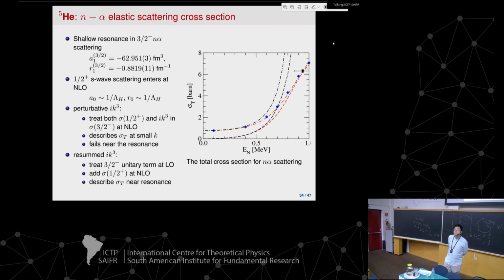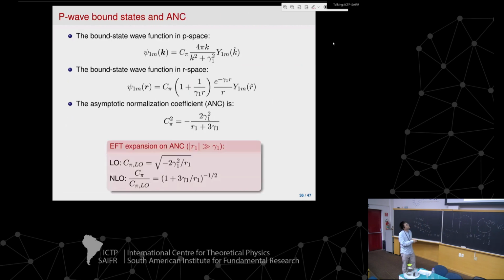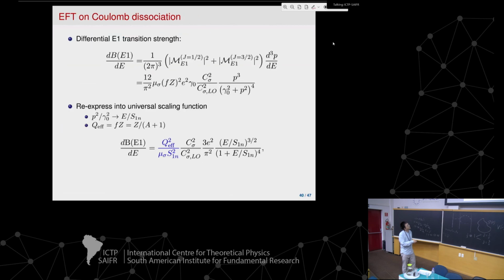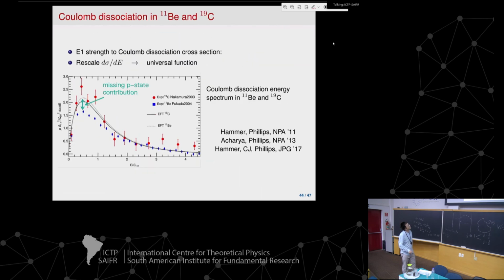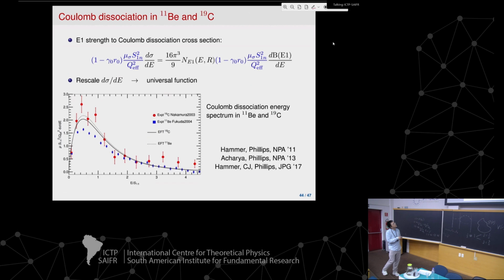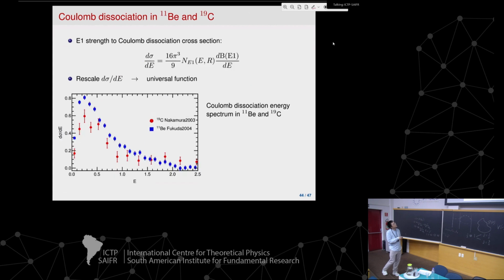I've got a question about Coulomb dissociation within the Halo EFT. With the picture you showed, the dB/dE, you said the curve was below because there was a P-wave contribution that was missing. So when you show all these results, like these universal functions, that's without final state interaction, right? Well, it's with S-wave final state interactions.